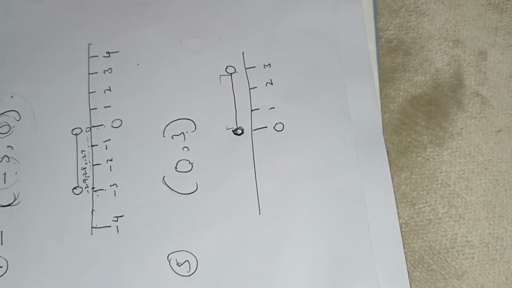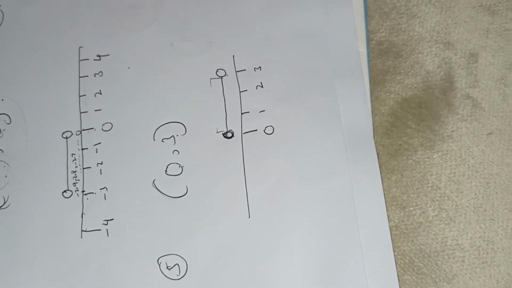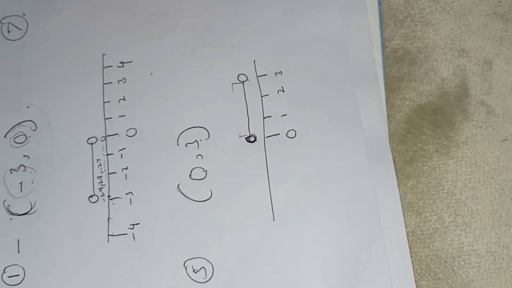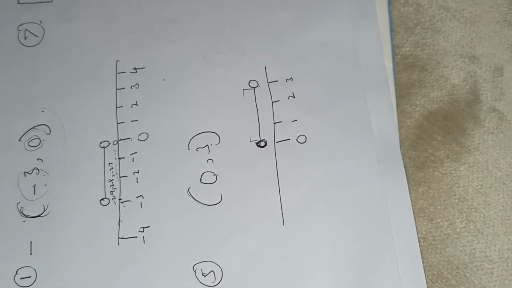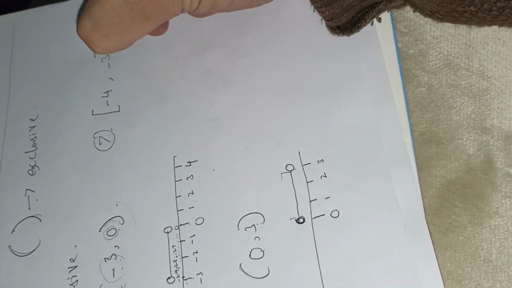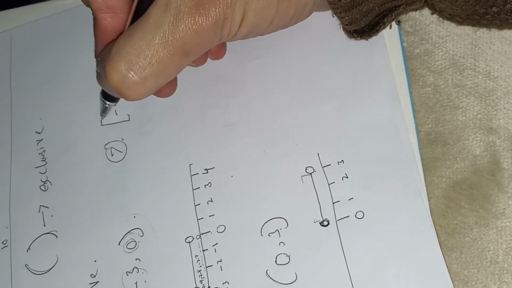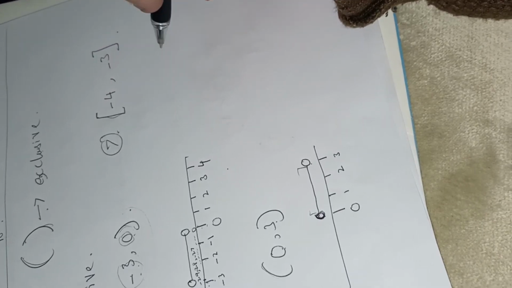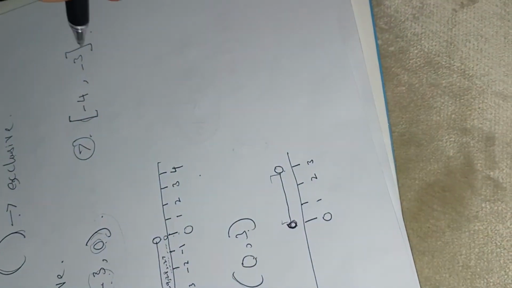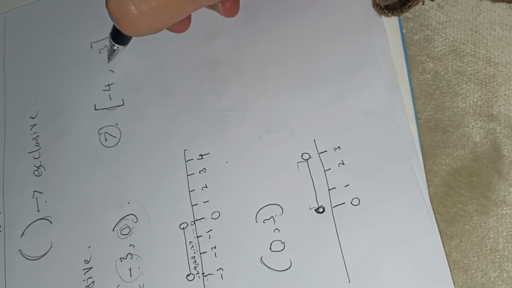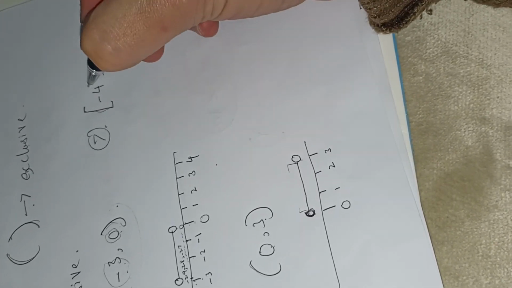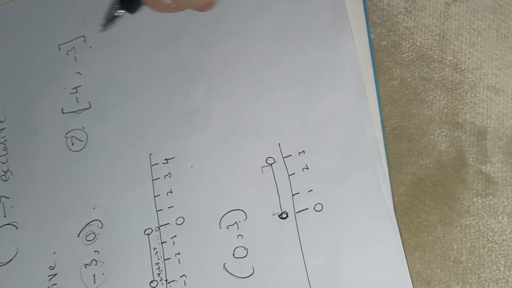Now another question we will do, like question number 7, and that is minus 4 and minus 3. Now look, here we have used the large brackets. So large brackets mean inclusive, so the sketch or the line will also include this minus 4 and minus 3.